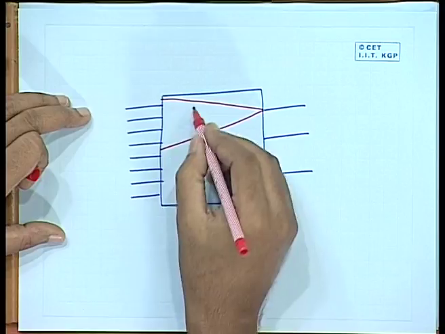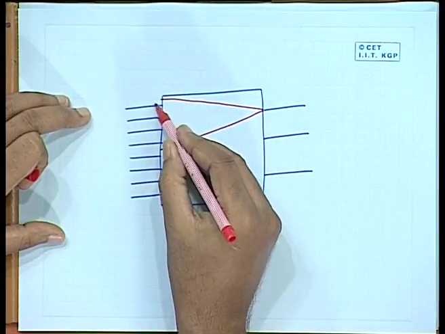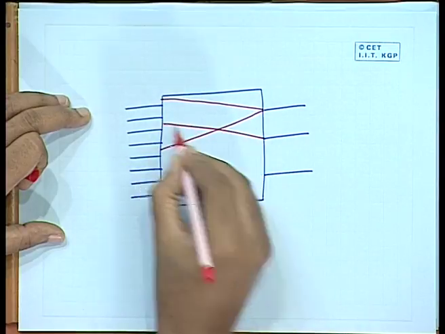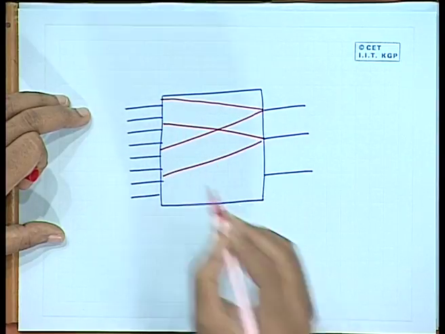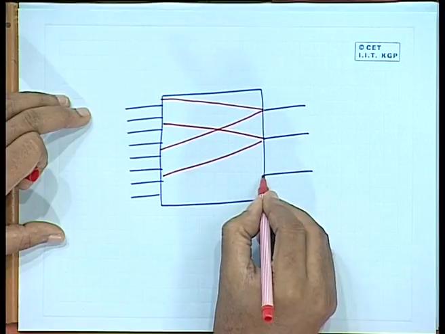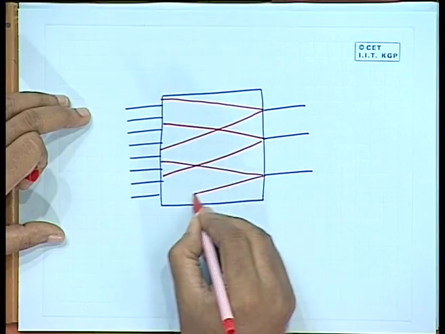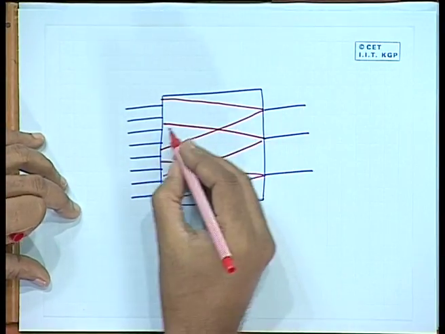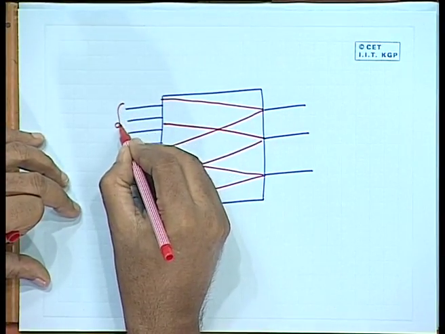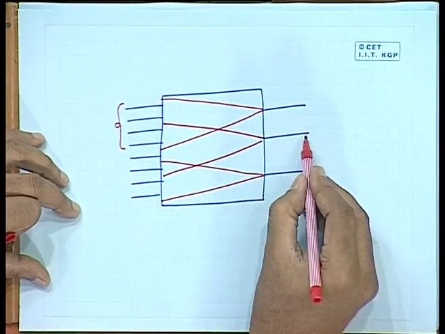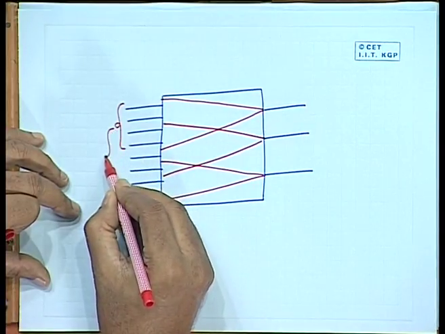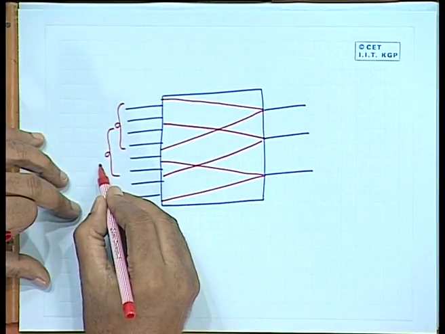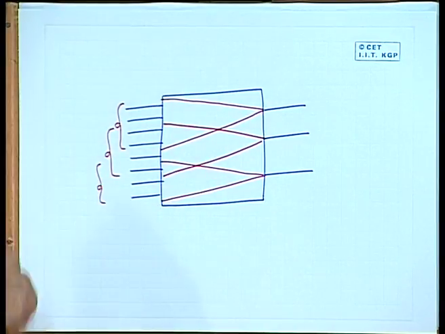This is called the so called cone of influence, the first 4. The second output, say for example, is dependent on these, and the last output is dependent on the last 3. So, the first output is dependent on these inputs, the second output is dependent on these inputs, and the third output is dependent on these inputs.